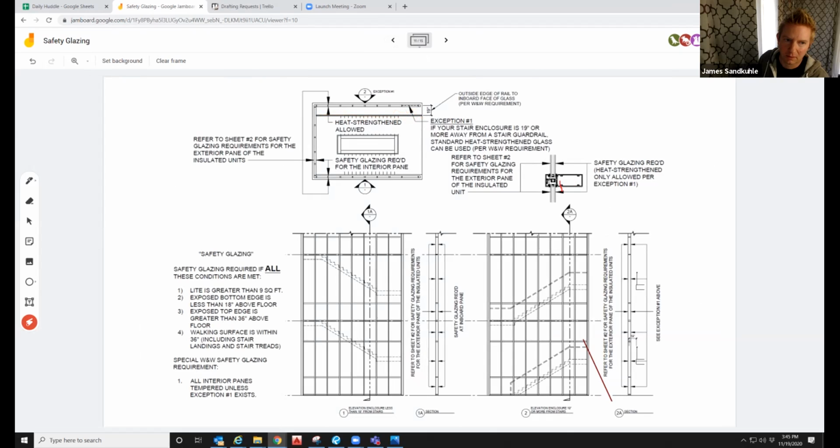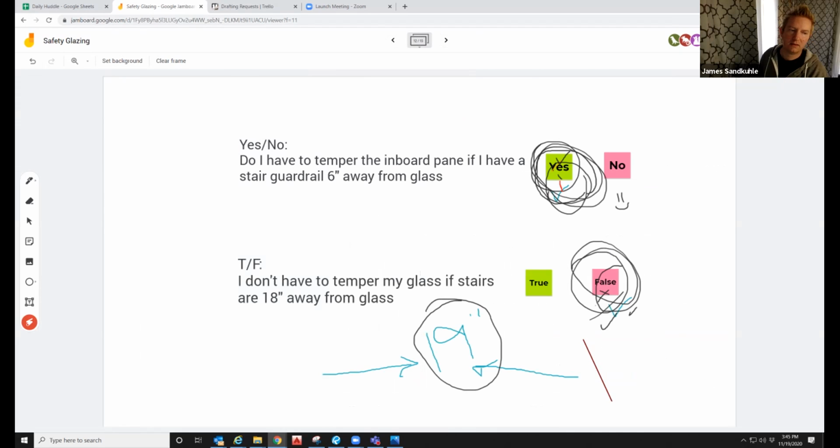But the question was 18 inches. So why would Walters and Wolf choose 19 versus 18? Tolerance.